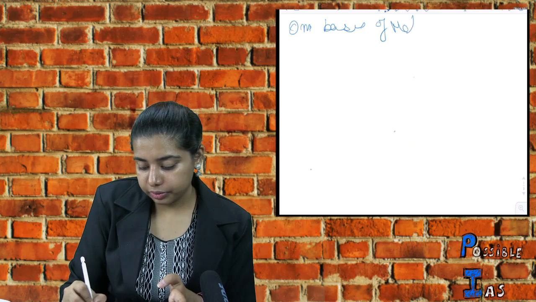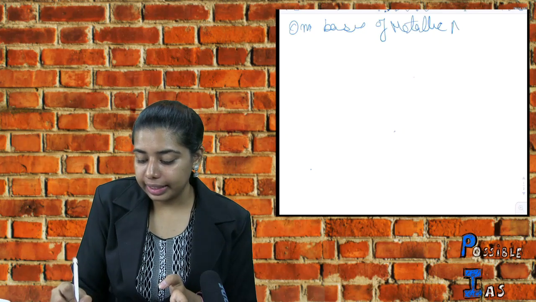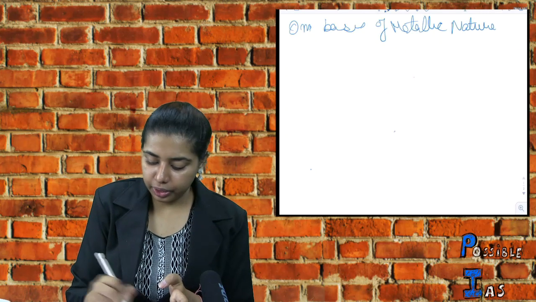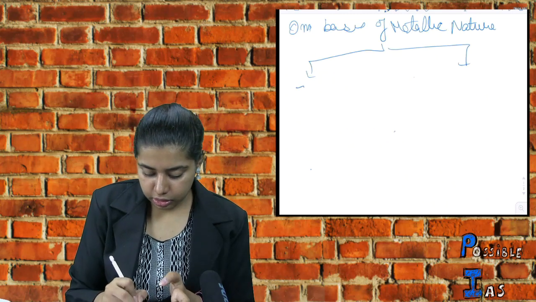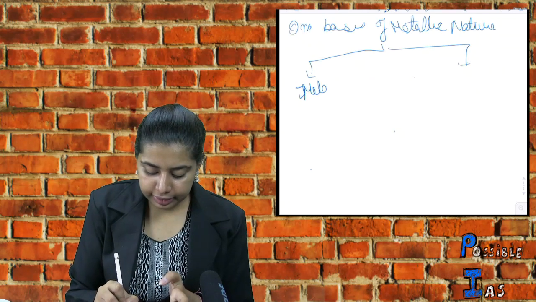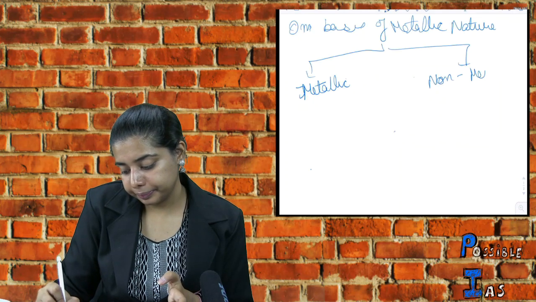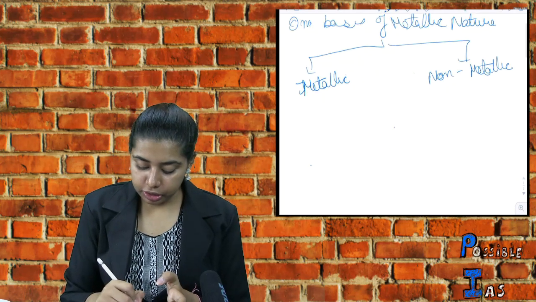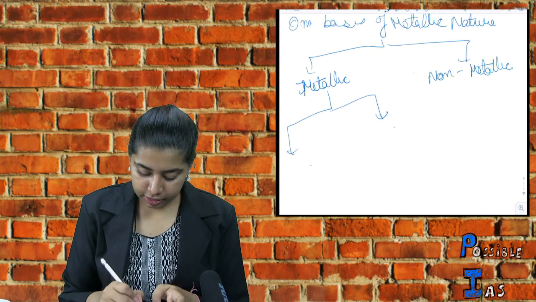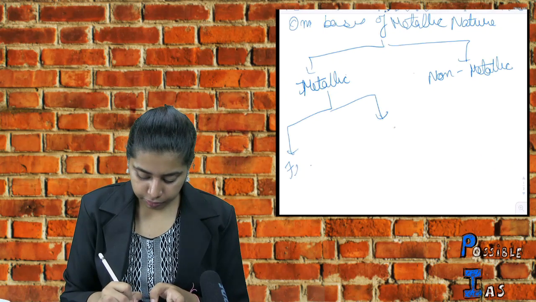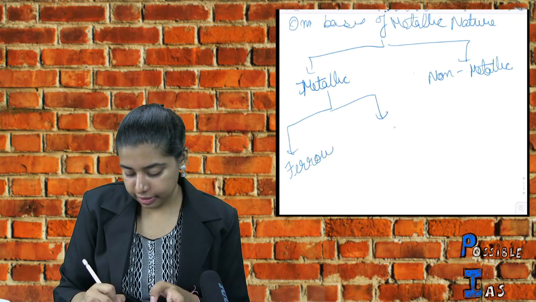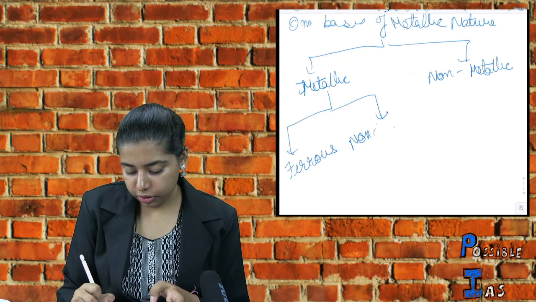So on the basis of metallic nature, minerals are of two types: metallic and non-metallic. These metallic minerals are further divided into two types: ferrous and non-ferrous.